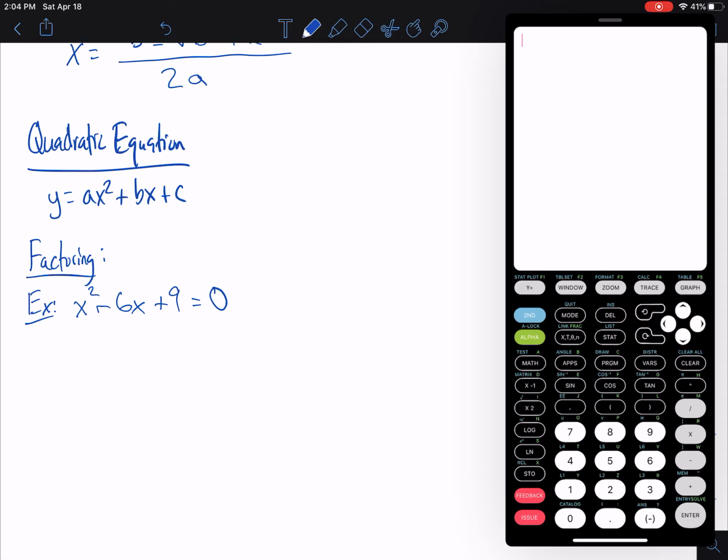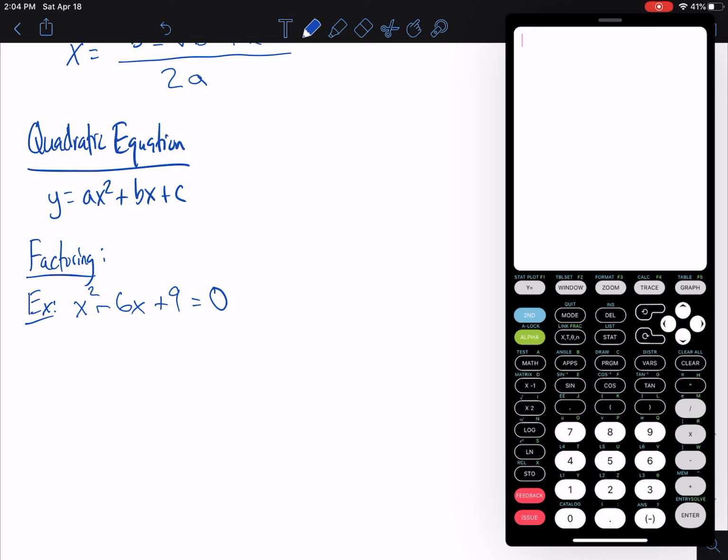So if you remember, I have my TI-84. This is the Calculate 84 app. If you go back on the Google Classroom page, there's a lot of resources there about how to use the calculator and how to pull up a good graphing calculator. But this is the Calculate 84 app that we're using.